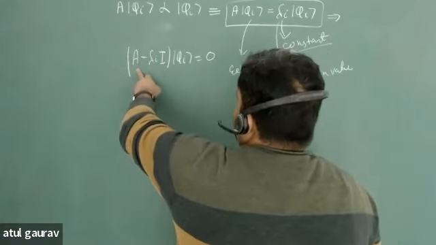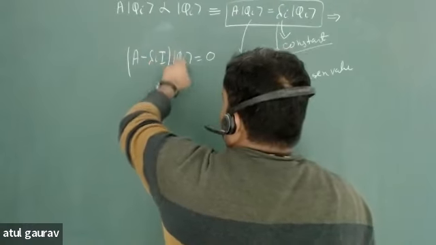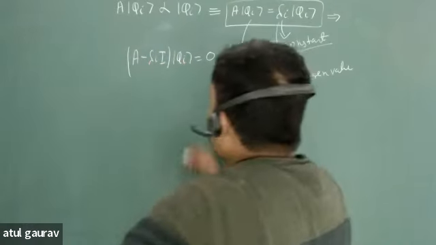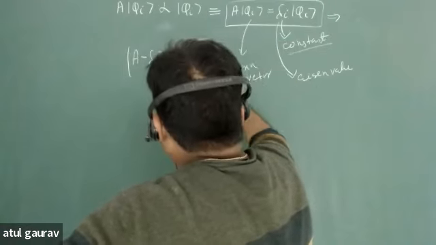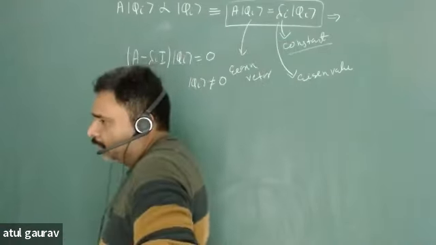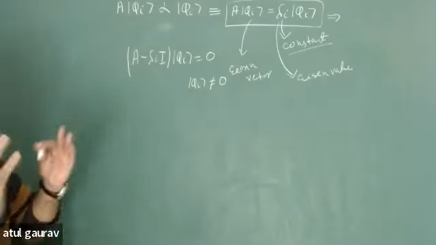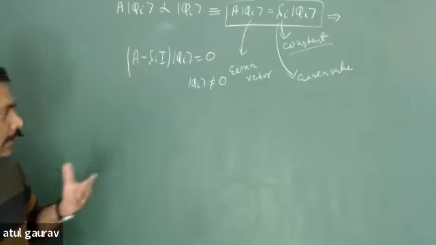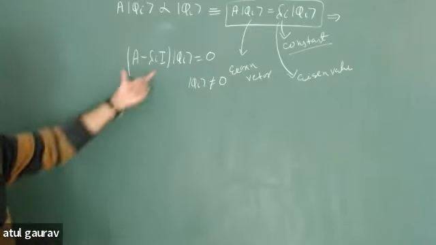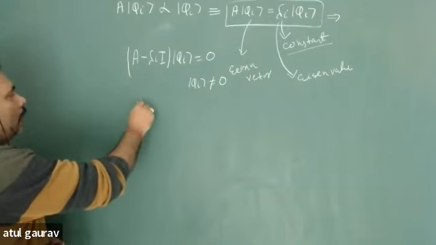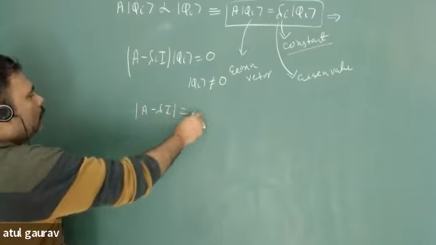If A is a matrix, then I is the identity matrix, lambda into the identity matrix, into phi I. And what we have: phi I cannot be equal to 0. This should not be the null matrix. Phi I should be some matrix except the null matrix.